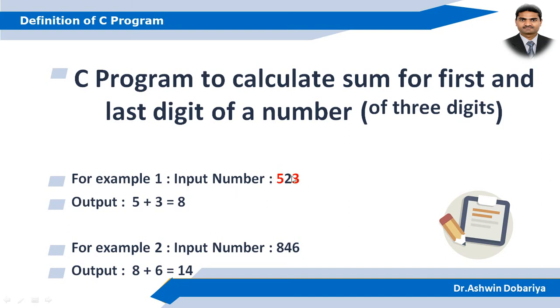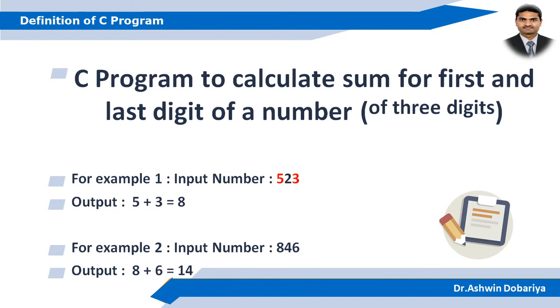In this number, 5 is the first digit and 3 is the last digit. So we have to display the sum 5 plus 3, and the output should be 8. Let's discuss another example. If the input number is 846, then 8 is the first digit and 6 is the last digit. Then the output should be 8 plus 6, which is 14. So this is the definition of the C program.